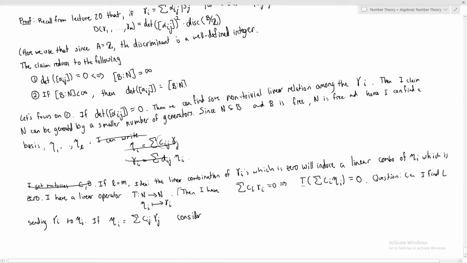So maybe forget this. What do we see? We see that T from N to N is surjective, since the collection of c_i's is not all zero.